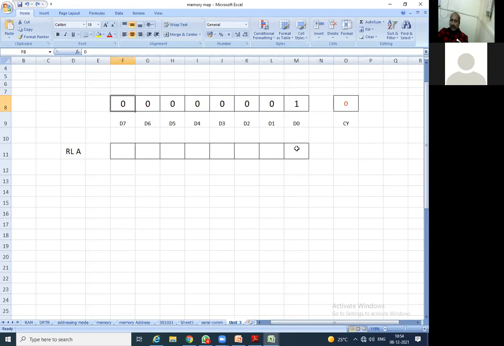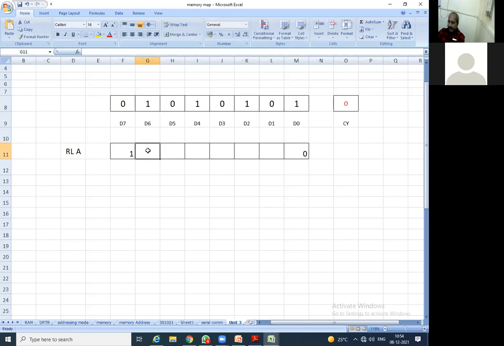So this 0 is going to be transferred to the LSB over here. That is, D7 goes to D0. Instead of that, we will take the example 0101 so that it will be easy to understand. So D7 goes to D0, D6 goes towards the left, that means it will come over here.